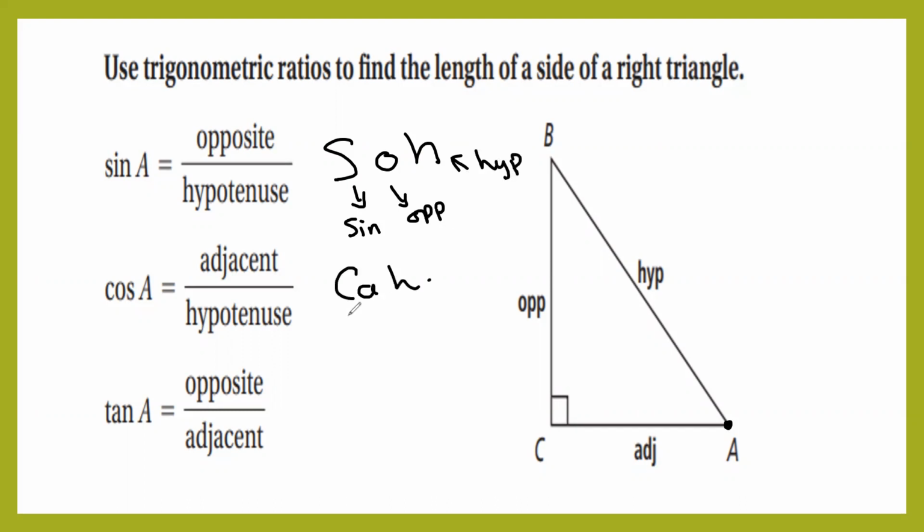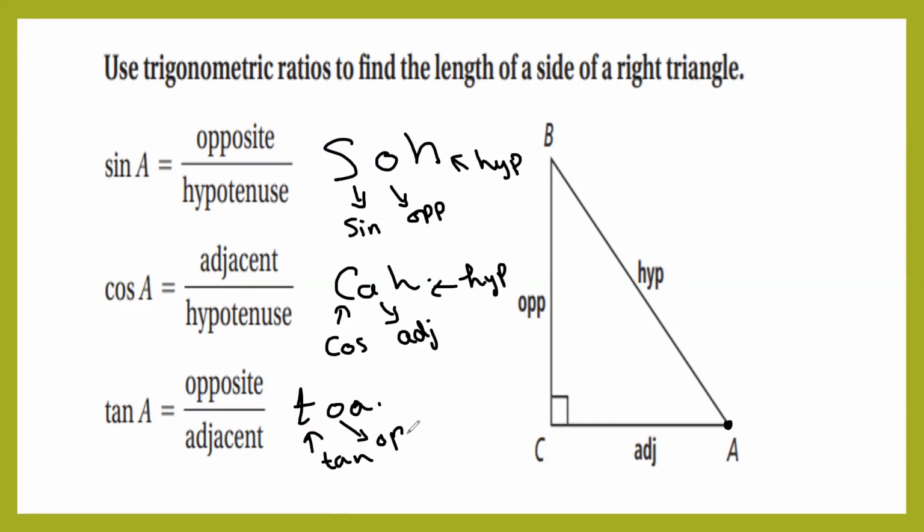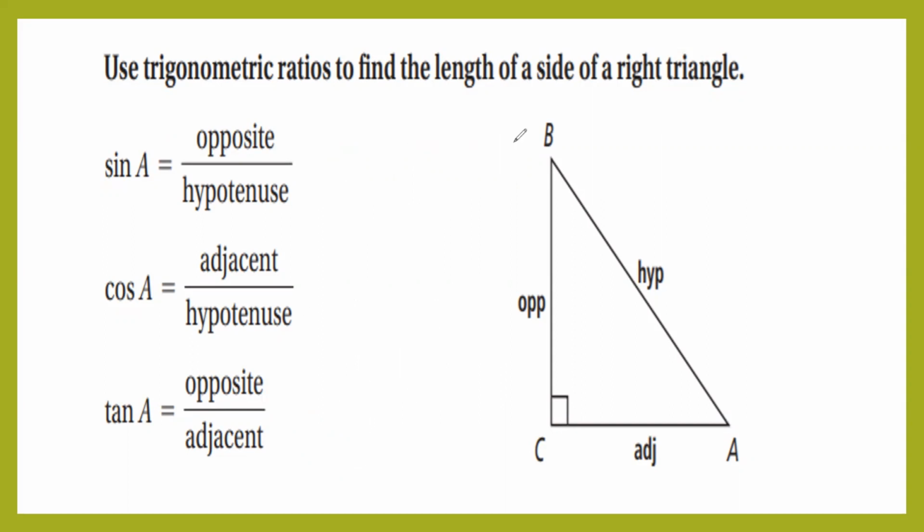C-A-H: C is cosine, A is adjacent, H is hypotenuse. And T-O-A: T is tan, O is opposite, A is adjacent. Don't forget, try to memorize it, it's very easy.